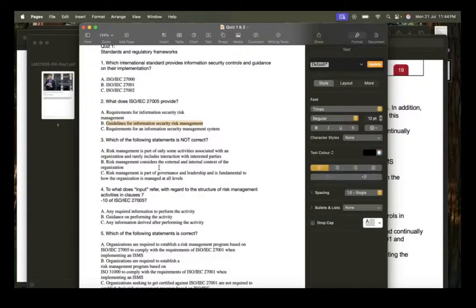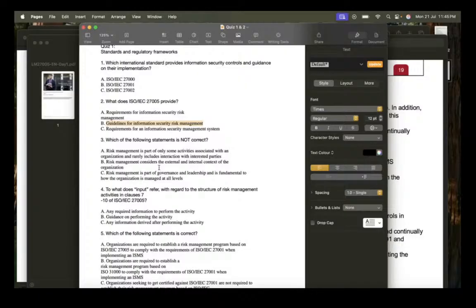The next one is risk management considers the external and internal context of the organization. And the third one says risk management is part of governance and leadership and is fundamental to how the organization is managed at all levels. So, what do you think? Which one is not correct out of these three?